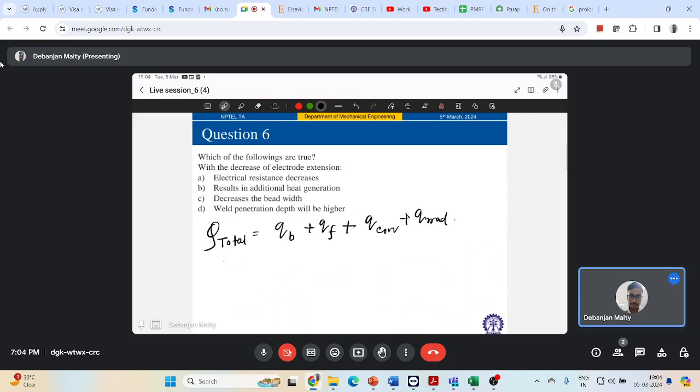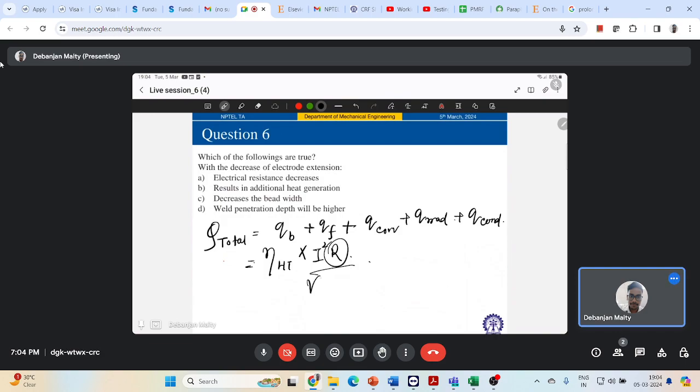The conduction part, Q conduction, right? And that is equal to my, you can think of it in terms of I square R also. So R is my arc resistance, right?